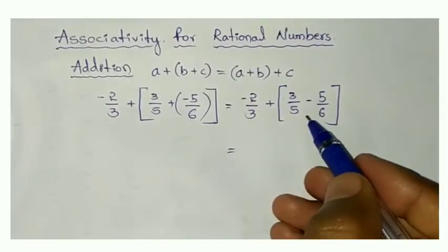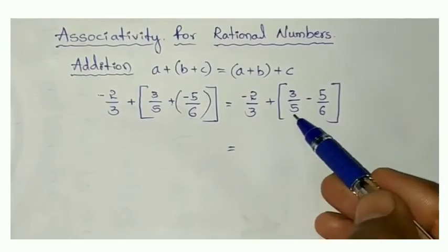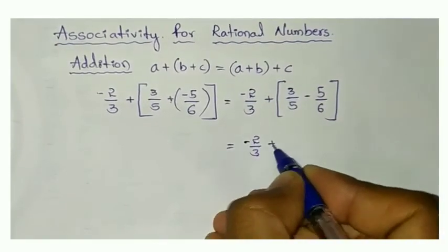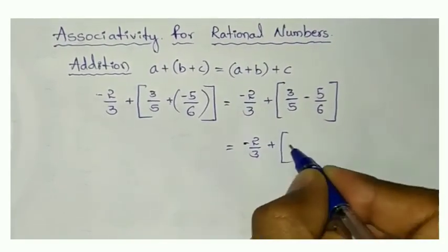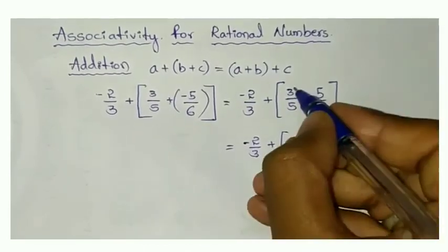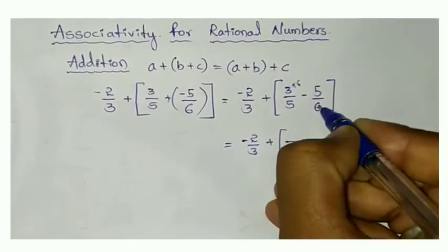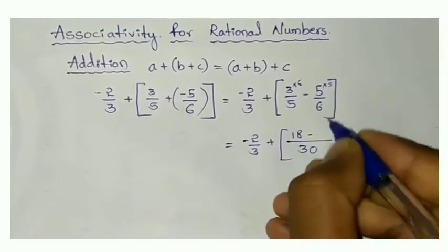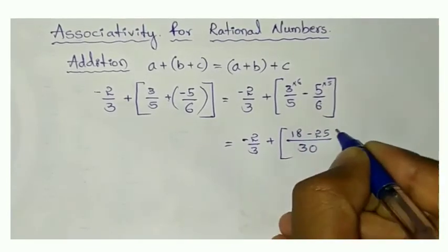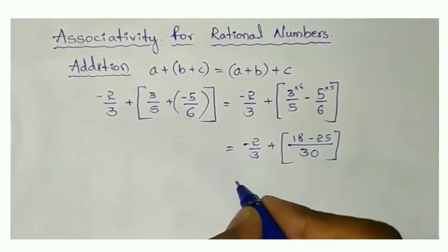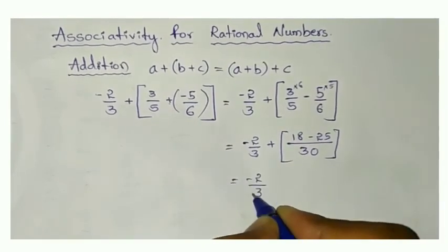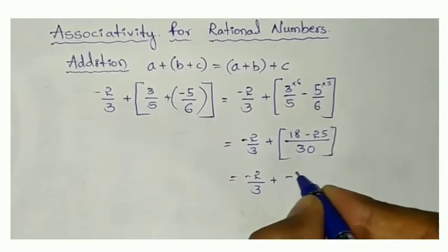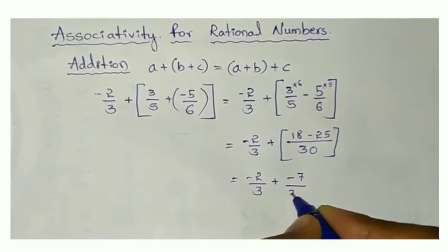Now open the square bracket. Here 5, here 6, then the LCM will be 30. Write it: minus 2 by 3 plus, LCM is 30, 5 sixes are 30, 6 fives are 30. So 3 sixes are 18, minus 5 fives are 25. So here minus 2 by 3 plus 18 minus 25, we will get minus 7 by 30.